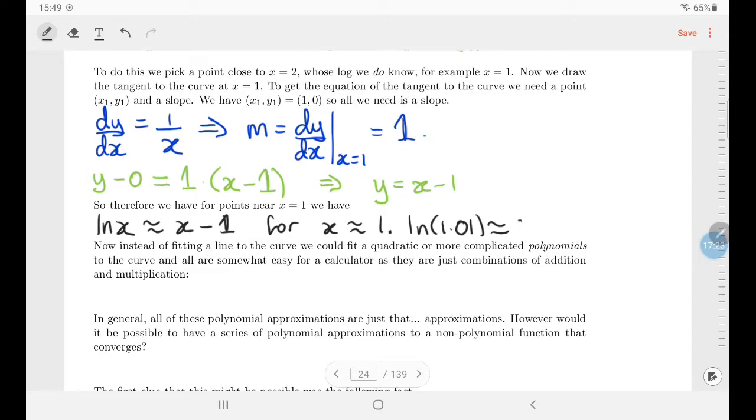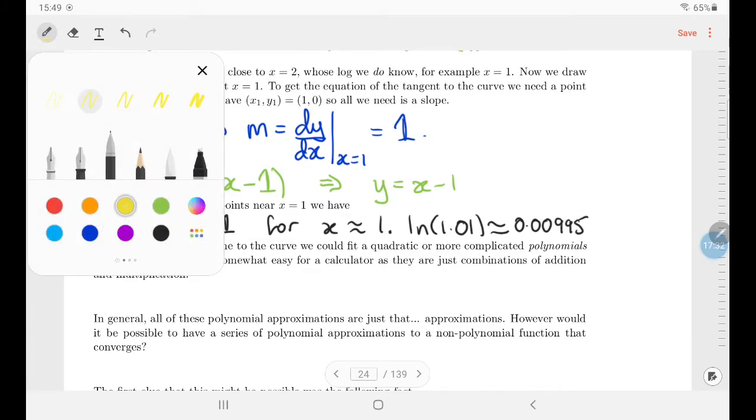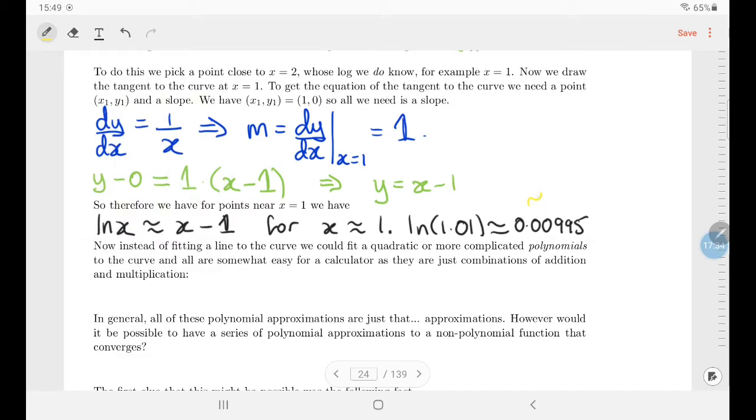And I get 0.00, it starts 995. And I'll leave it at that. And that is approximately 1.01, which is the x minus 1. So you can see this approximation. So log of 1.01. So basically when x is close to 1, log of x is approximately x minus 1.